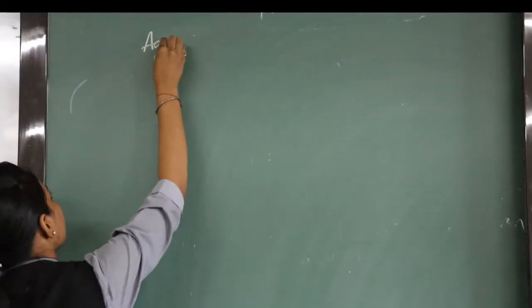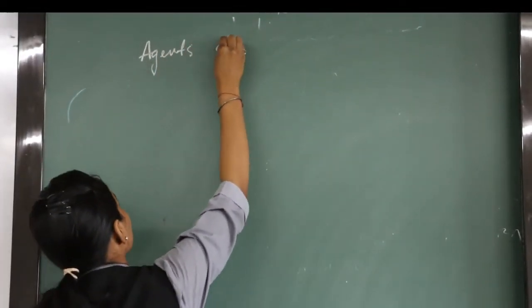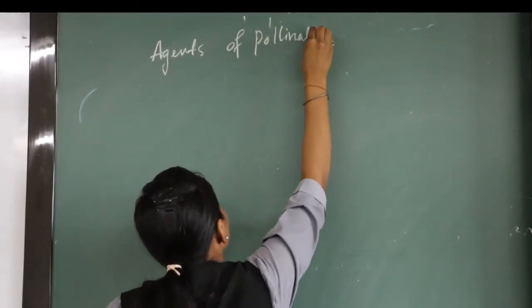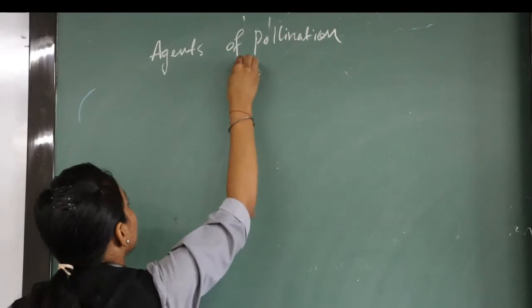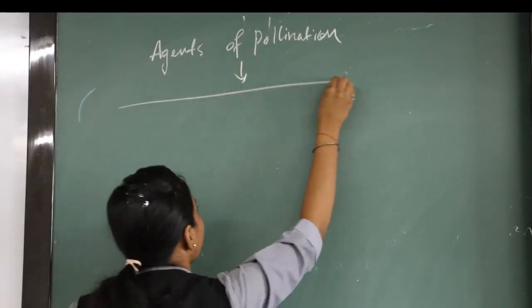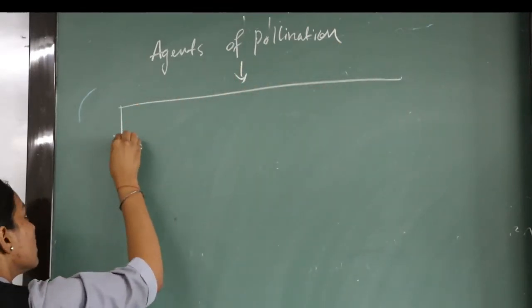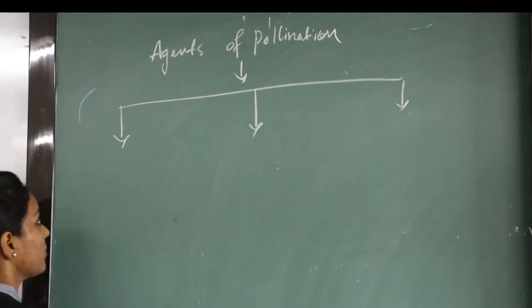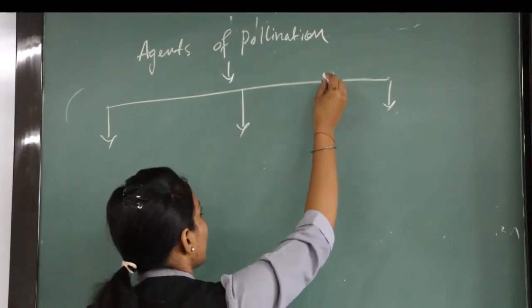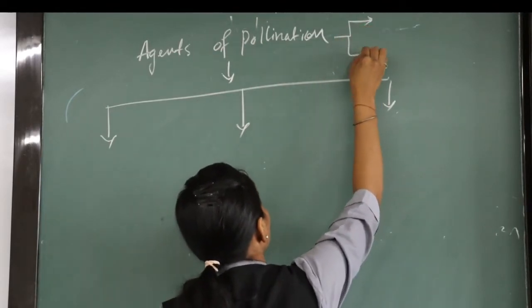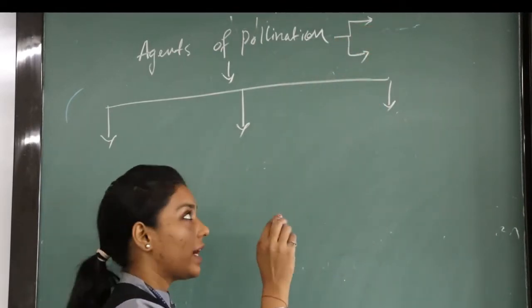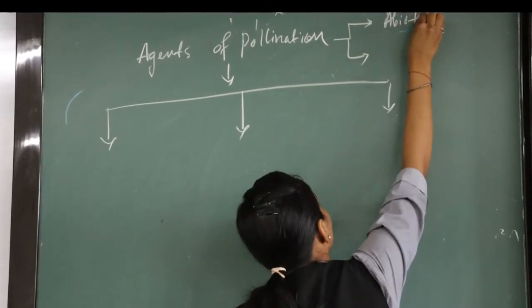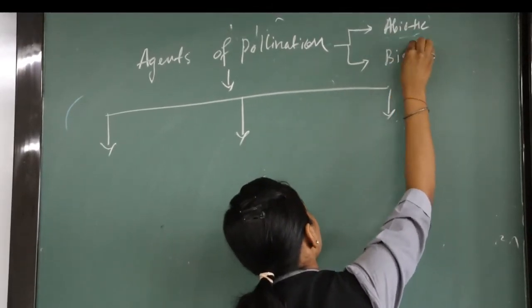Next topic is agents of pollination. These agents are categorized into two, that is abiotic and biotic agents.